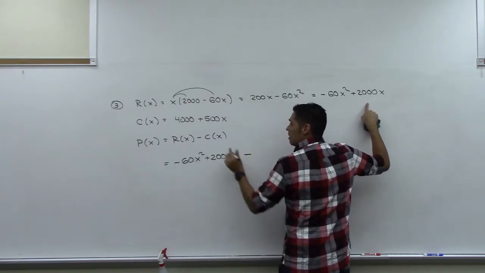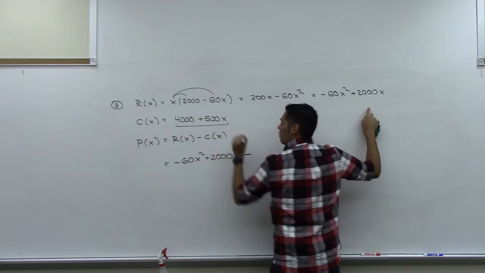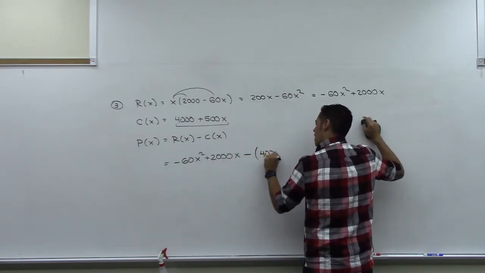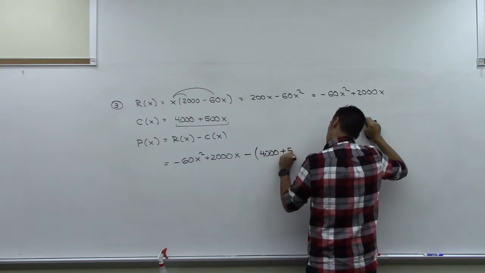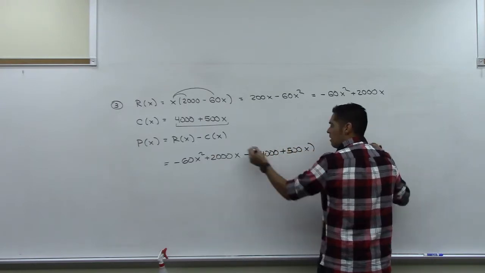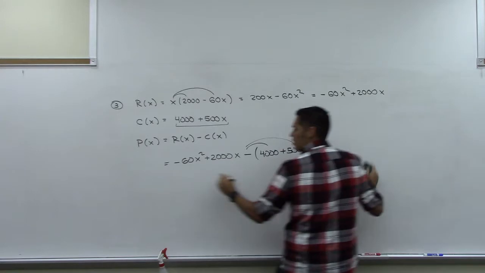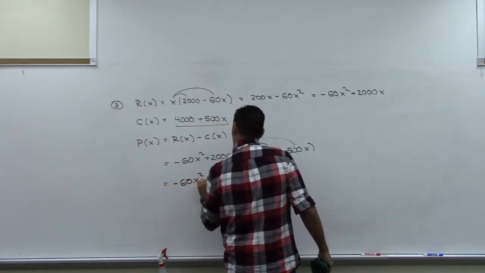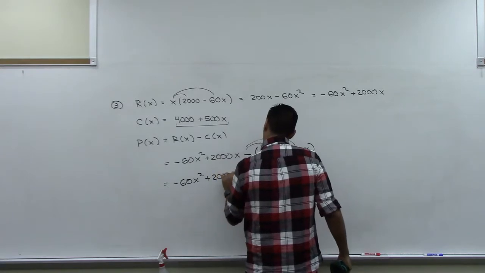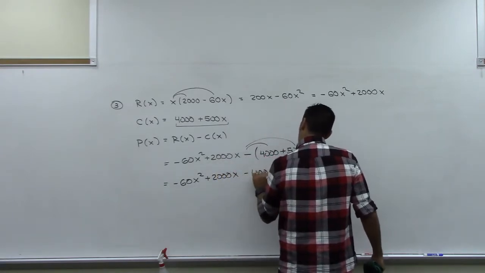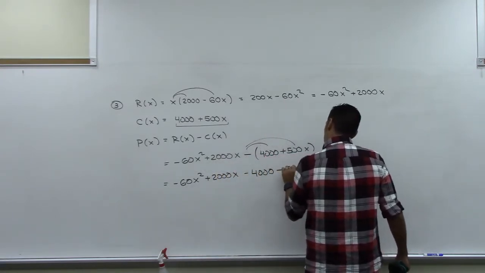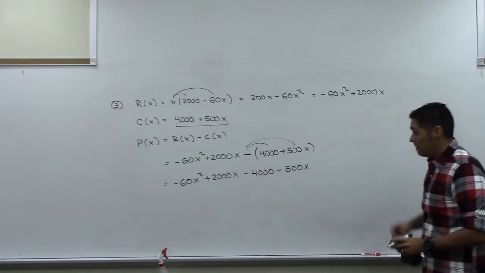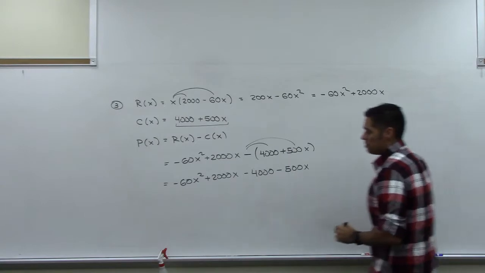So subtract, now here's your cost. It has two terms. So when I subtract the cost, I need parentheses, 4,000 plus 500x. And now distribute the minus through. So you should get negative 60x squared plus 2000x minus 4,000 minus 500x. So the negative turned both of these to negatives. And now let's collect like terms.